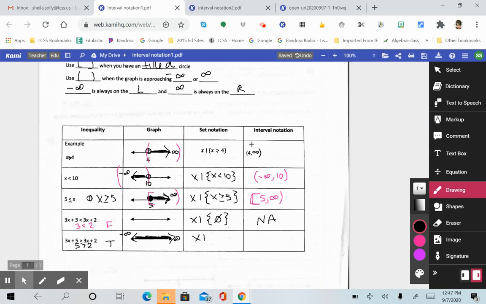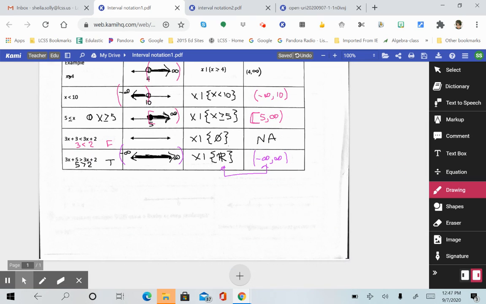This means x such that the whole set of numbers is the set of all real numbers. That's what this R represents. Interval notation, anytime we have infinity, we have parentheses. So we have parentheses, negative infinity, all the way to positive infinity. This interval notation represents the set of all real numbers.